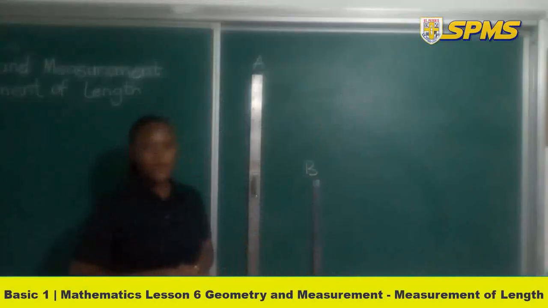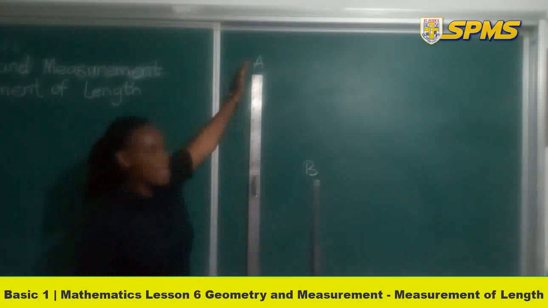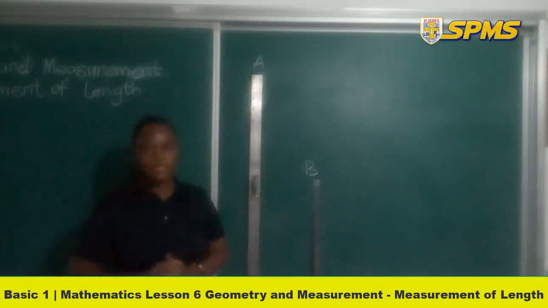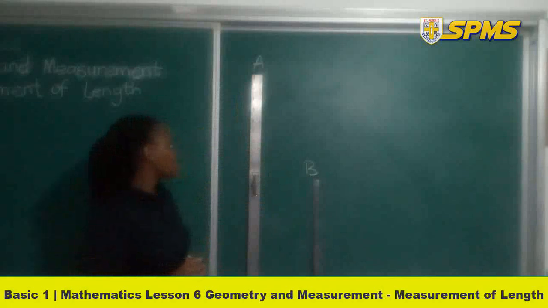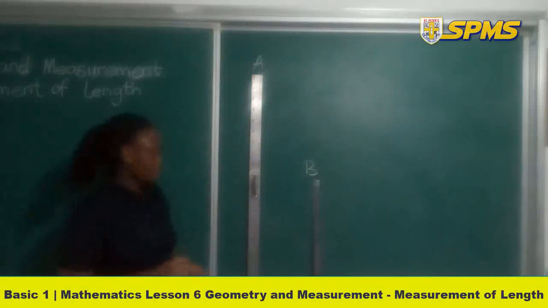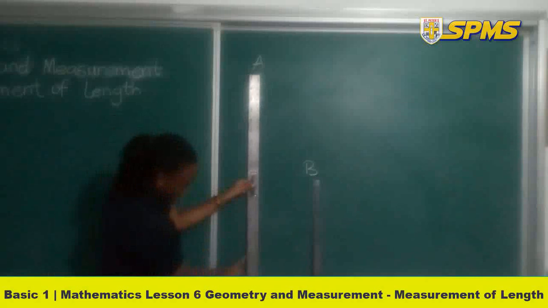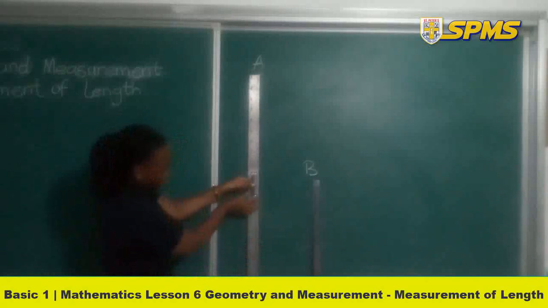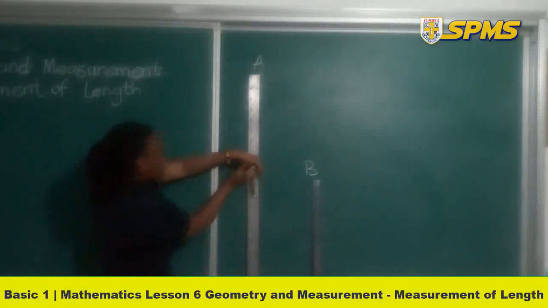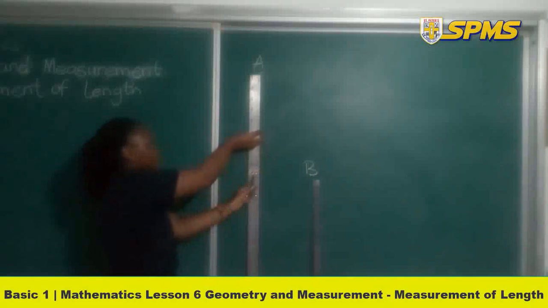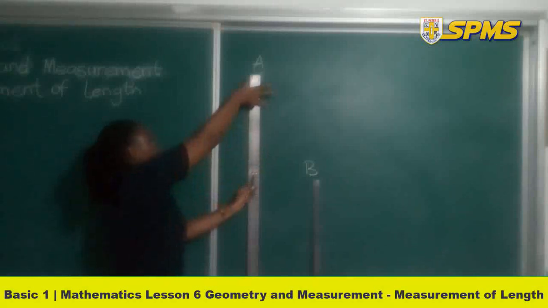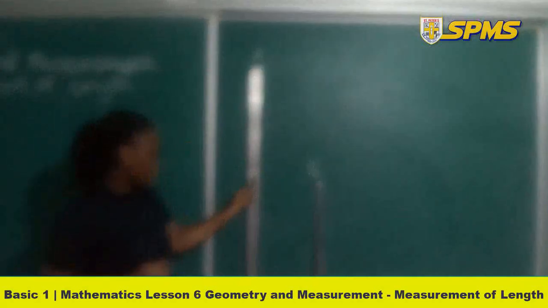Now, let us compare the length of these two objects by measuring with our hand span. So we have object A and then object B. Let us start with object A. Using our hand span. 1, 2, 3, 4, 5, 6, 7.